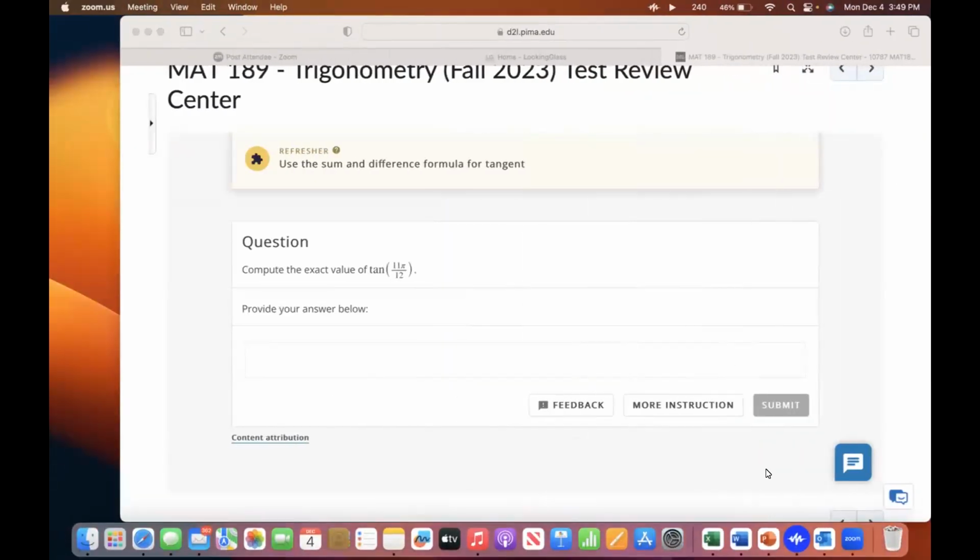Okay, and this one I assume you started the same way. Even if it's tangent, you just find something that would add up to them. So let me grab a snip here.